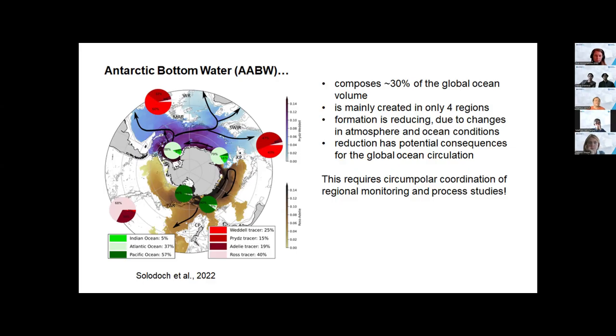So you see, the formation sites here and the subsequent spreading into the world's oceans is quite a complex scenario, which then requires dedicated circumpolar coordination of these regional monitoring studies and process studies. And that's something that is a big part of Ocean ICE.